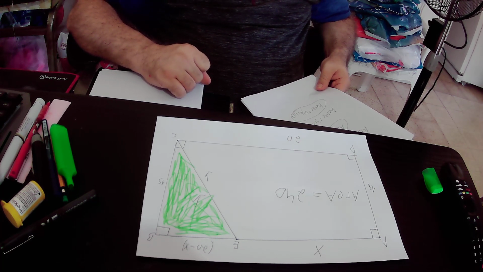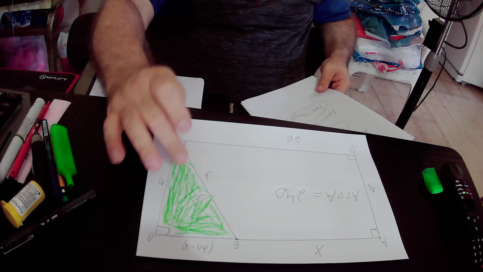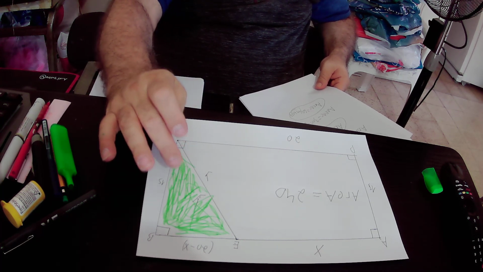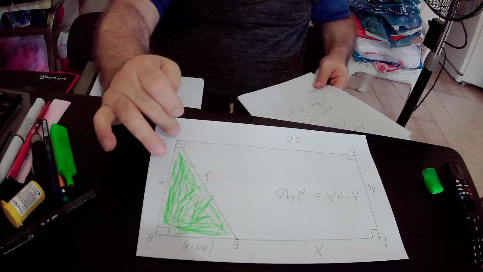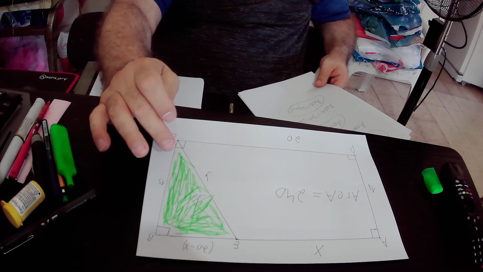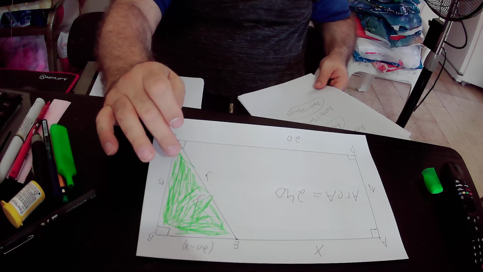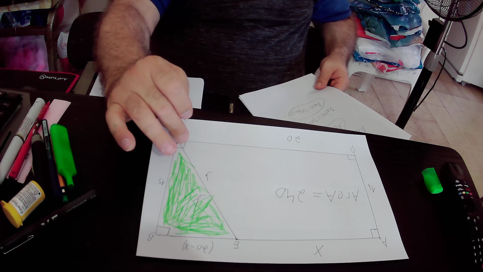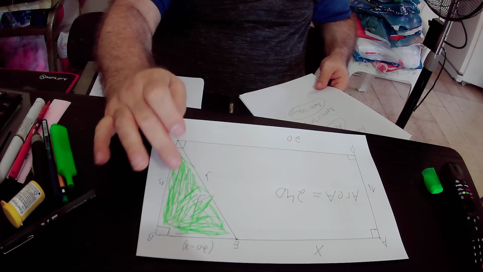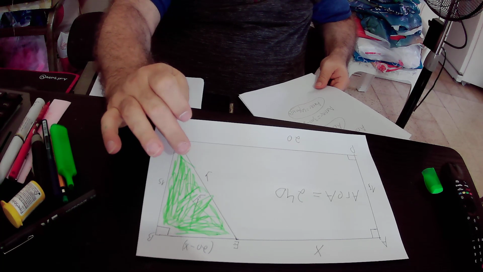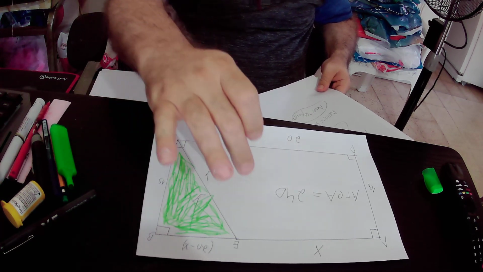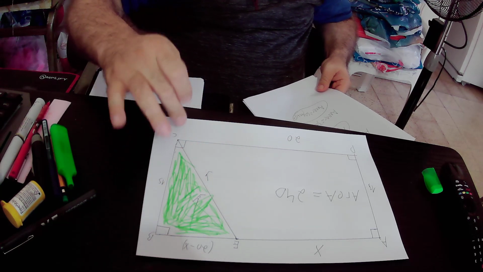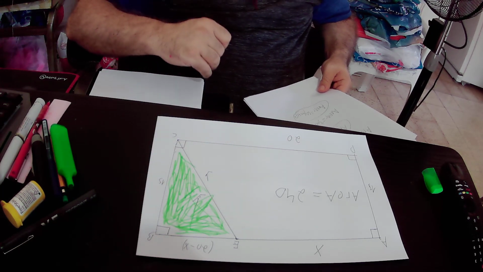First of all, we know that the triangle EBC is a right triangle because all the angles in a rectangle equal 90 degrees. So also angle EBC equals 90 degrees. For that reason, triangle EBC is a right triangle.